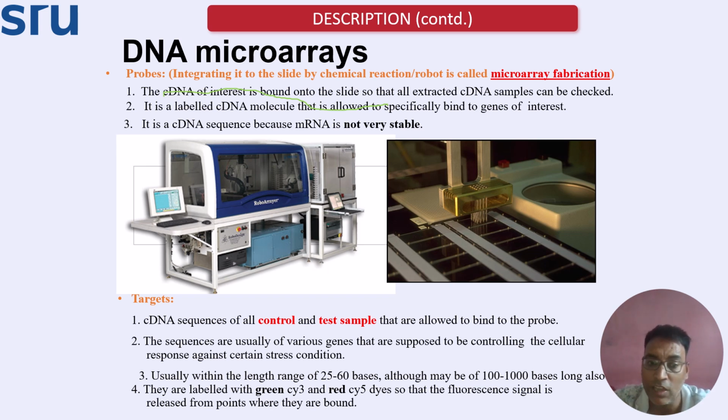Here I am using two dyes, Cy3 and Cy5. Cy3 gives me green fluorescence. Cy5 gives me red fluorescence. The advantage is, suppose in two conditions I am doing the microarray, the normal cell and the mutated or disease cell: normal I can give Cy3, and the disease part I can give Cy5 red color.